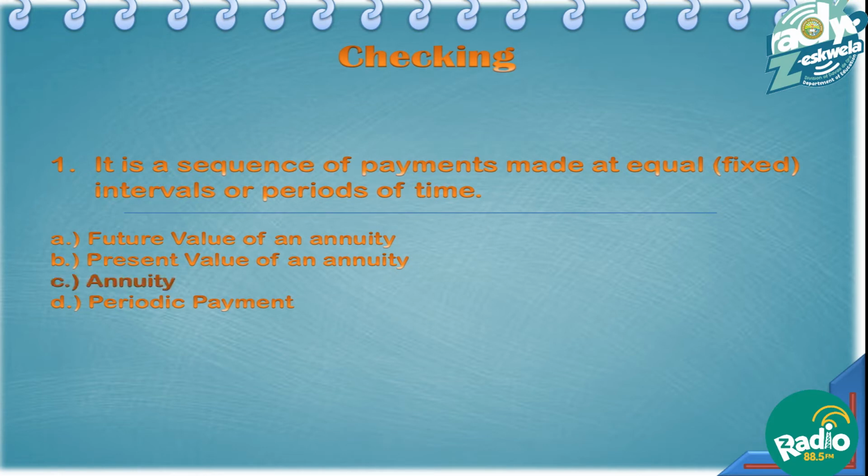As presented in the question, when we say annuity, it refers to the sequence of payment made at equal or fixed interval or period of time. How does annuity differ from interest, both simple and compound? Well, annuity may follow an interest pattern, but its payment is on interval basis.